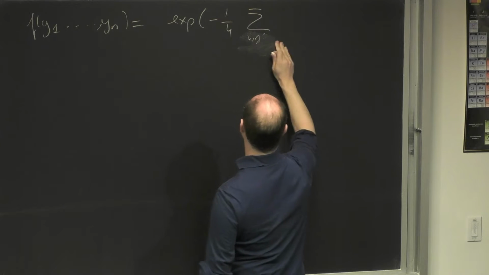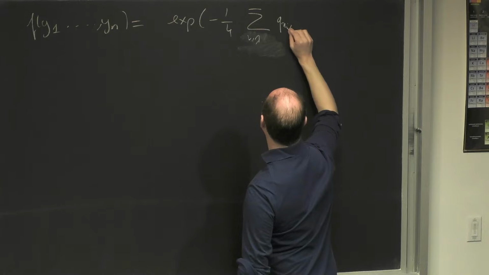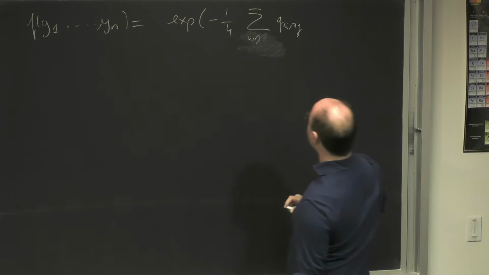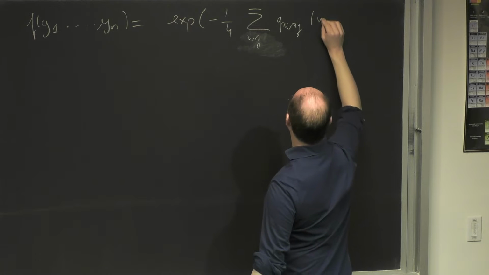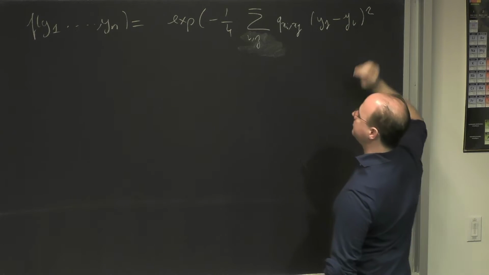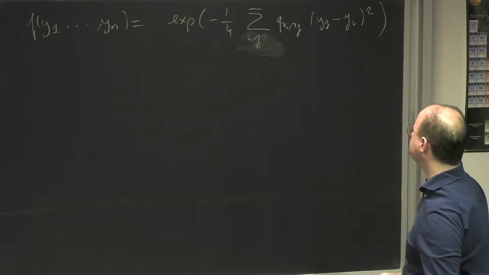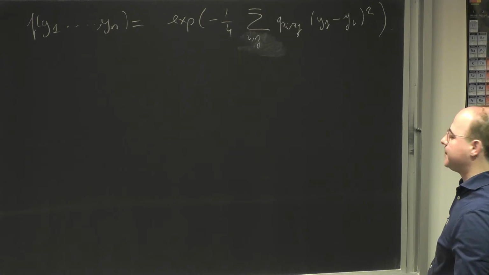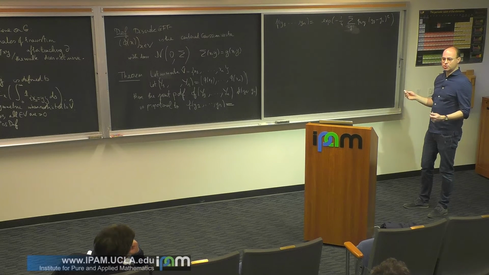Let's not write it. And we will have q(xi, xj), so it's 0 if i and j are not neighbors, times (yj minus yi) squared. Okay, so that's a formula for the joint probability density function of all these Gaussian random variables.